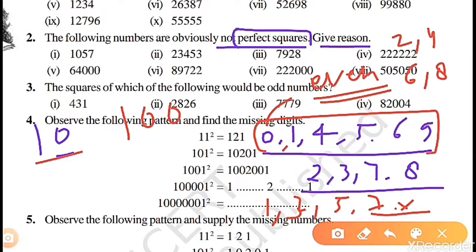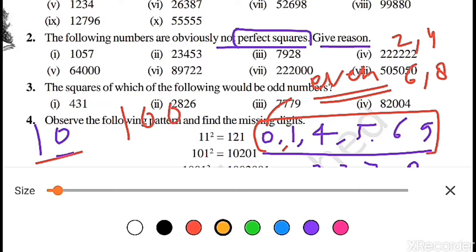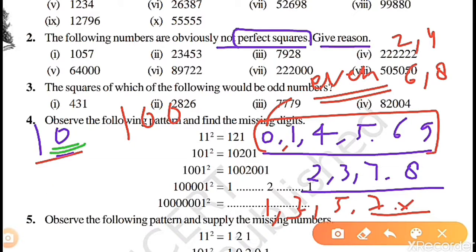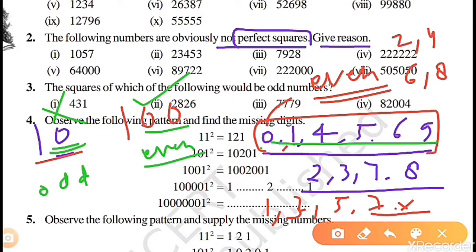The number of zeros are 1 and 2 respectively: 10 has an odd number of zeros, while 100 has two zeros, an even number, so it will be a square. So for a number to be a perfect square, the ending digit should be 0, 1, 4, 5, 6 or 9, but the zeros should be in an even number.